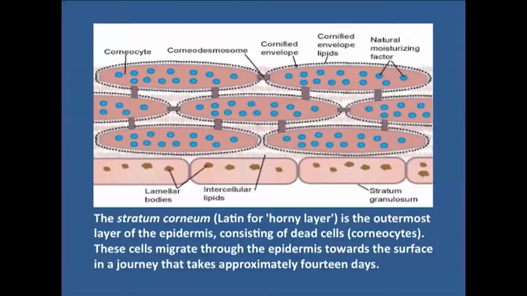From outside to inside, these layers are the stratum corneum, which is also called the horny layer, and it is the outermost cornified layer, because it is formed of corneocytes. Naturally, these cells are lost or sloughed off due to loss of moisture in the skin, and new cells are formed.